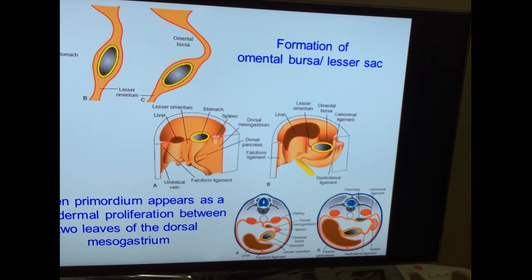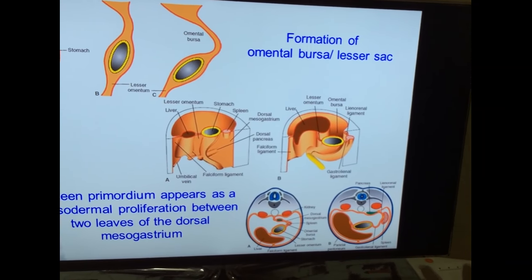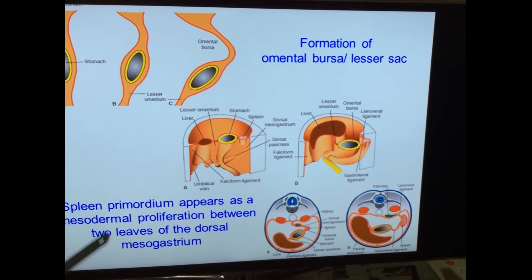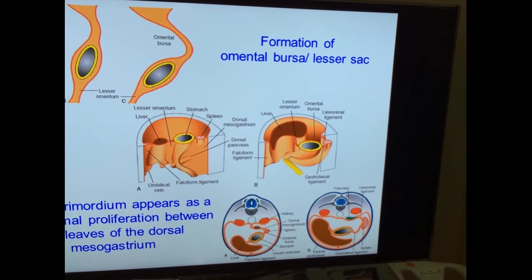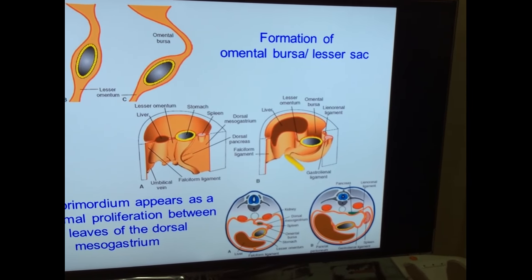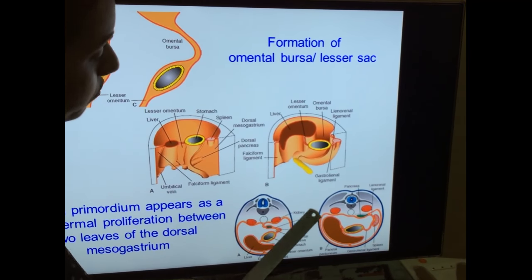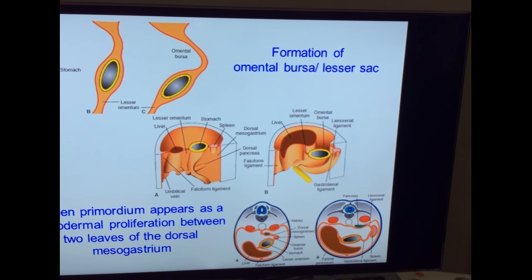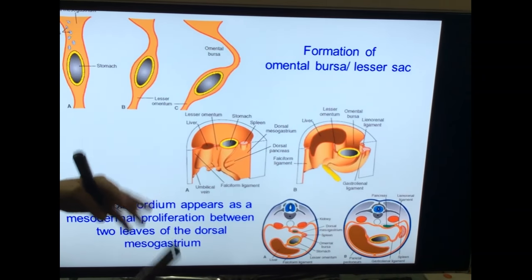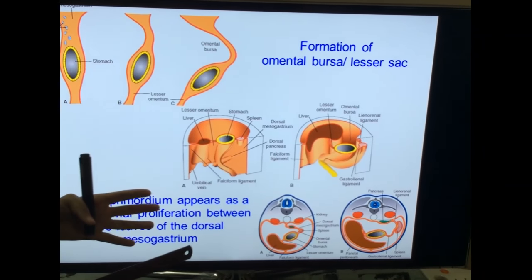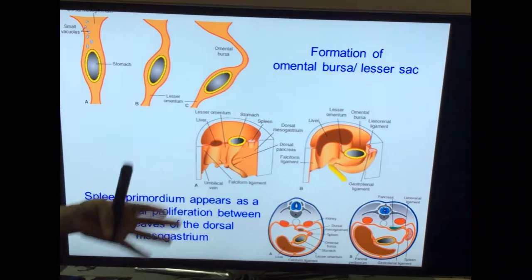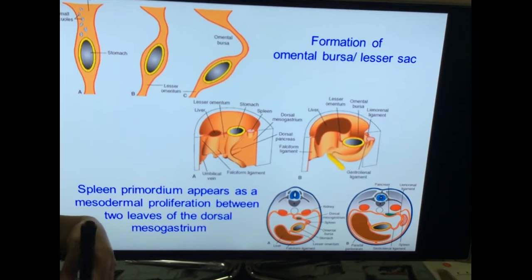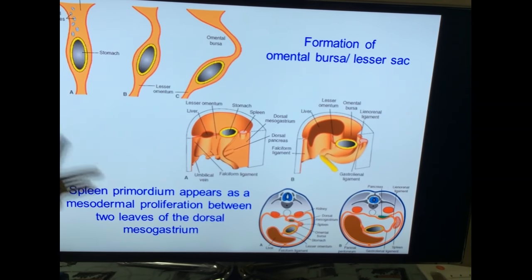Ligaments are nothing but the mesentery, the peritoneum, which is connecting from one organ to the other organ, or from one organ to the posterior abdominal wall, or to the ventral abdominal wall. So ligaments are nothing but, as I told, the peritoneum given different names. In some parts they are called a mesentery, mesocolon, mesogastrium, or sometimes they are called ligaments.